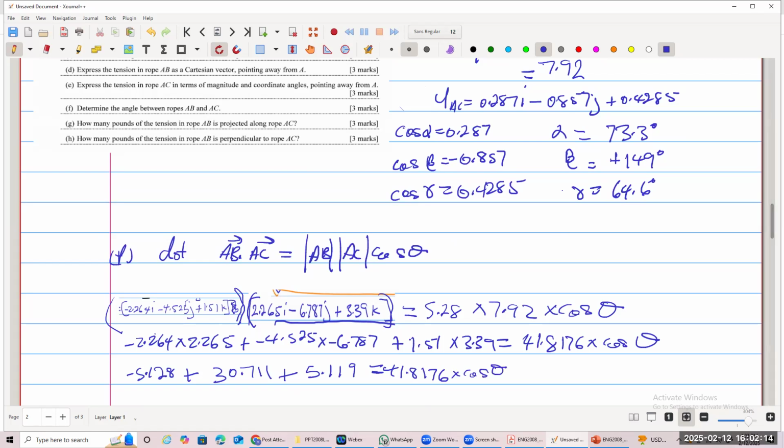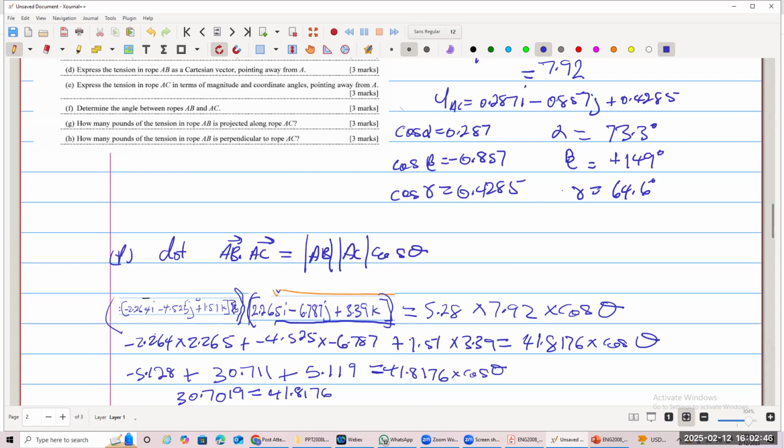So when you sum all of that now, we're getting 30.711 minus 5.128 plus 5.119, equals 30.7019.